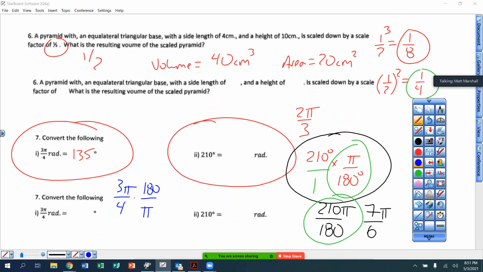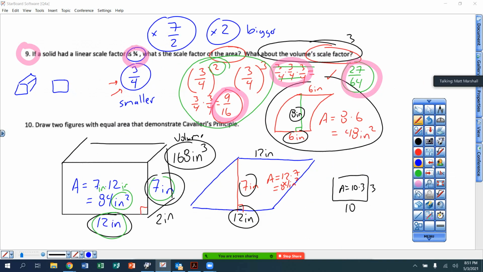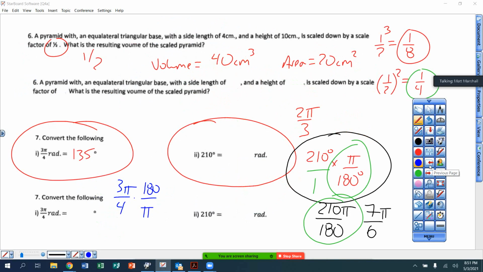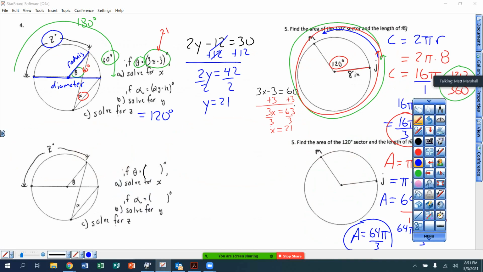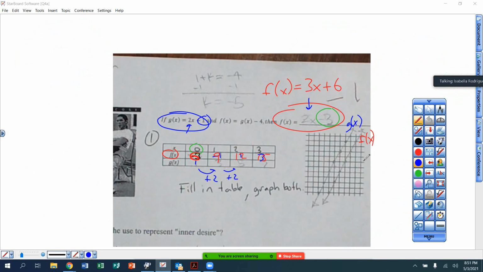That Cavalieri one, the scale factor. Radians looks like no problem for you. That volume scale factor one, that's a tricky one. Equilateral, that's a sucky formula. But sorry about that. I think that's all the questions I had for this problem.